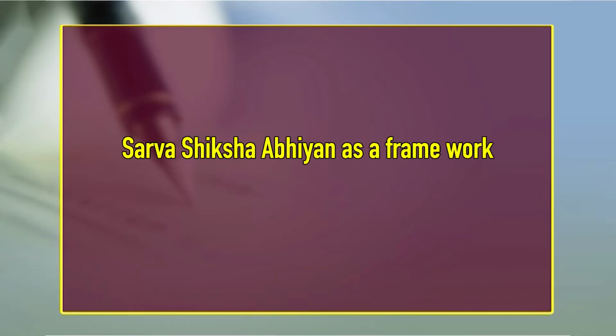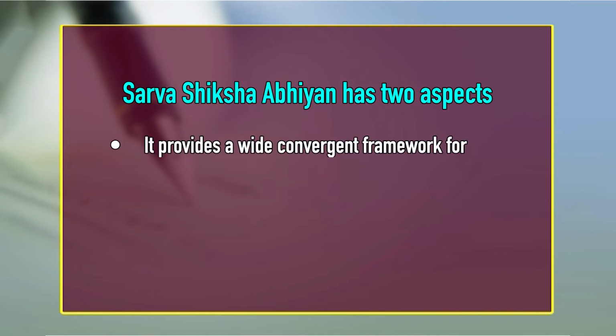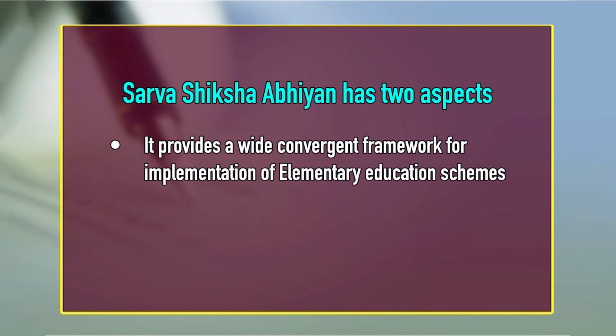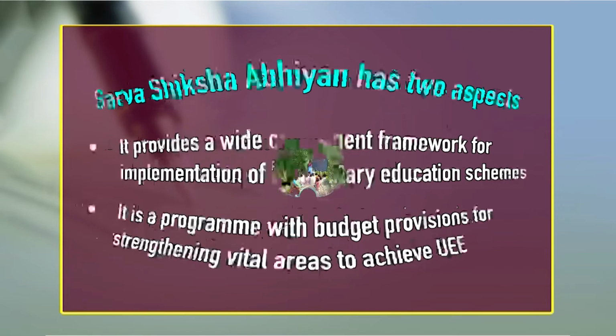Let's know Sarva Shiksha Abhiyan as a framework and as a program. Sarva Shiksha Abhiyan has two aspects. One, it provides a wide convergent framework for implementation of elementary education schemes. Two, it's a program with budget provisions for strengthening vital areas to achieve UEE.